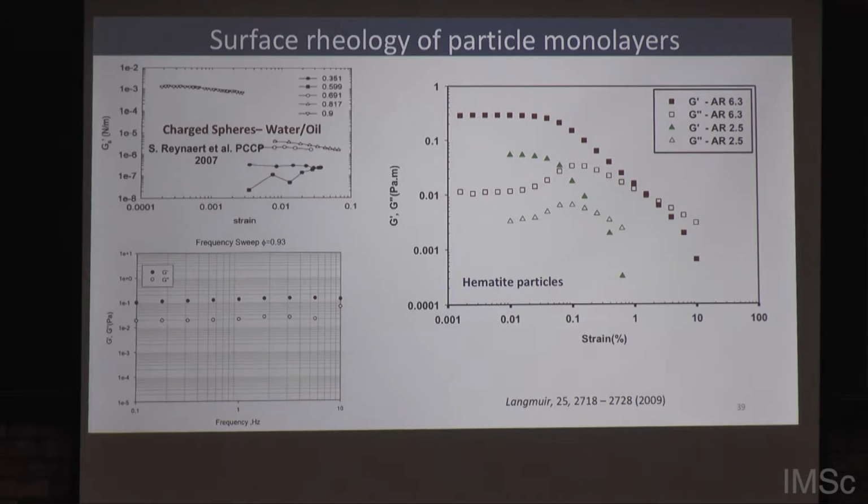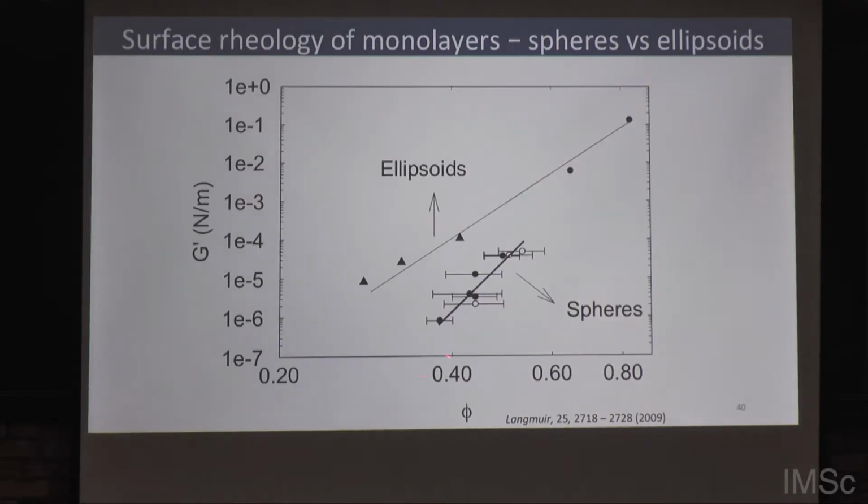This is a comparison of spheres versus ellipsoids for different surface coverages, just to make the point that the typical modulus values are at least one order of magnitude or more larger for ellipsoidal particles. This arises because at a similar concentration these ellipsoidal particles form an interconnected network, and this network yields at a much higher modulus compared to spherical particles sitting at the interface.